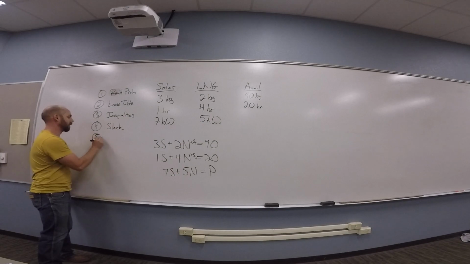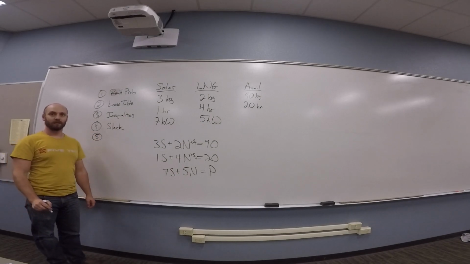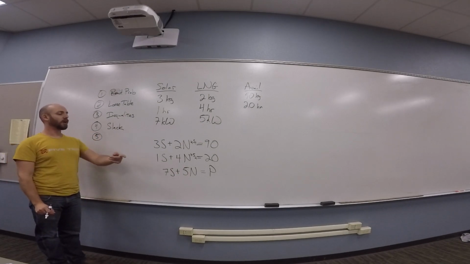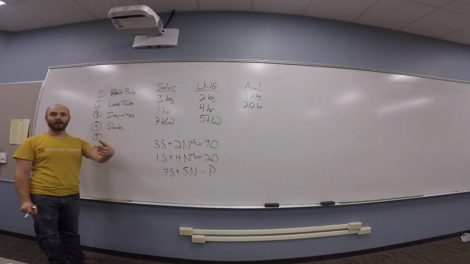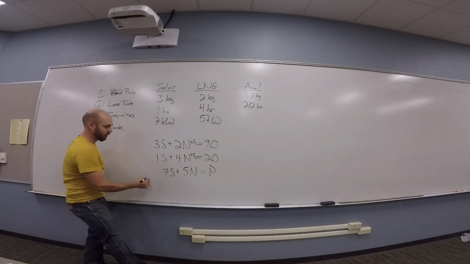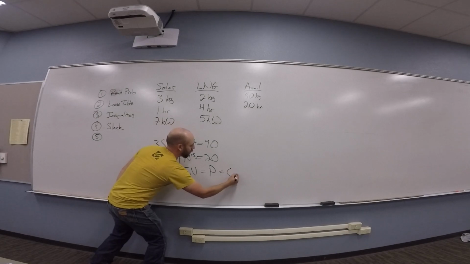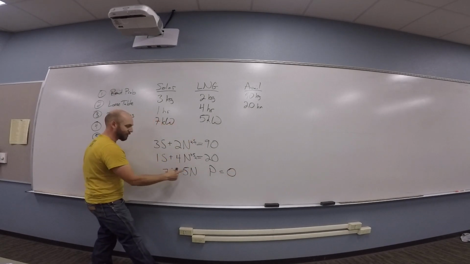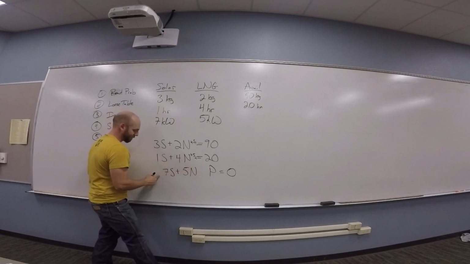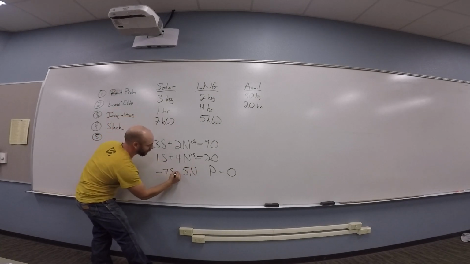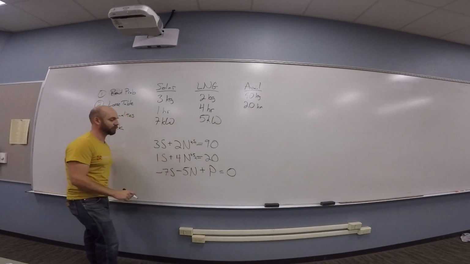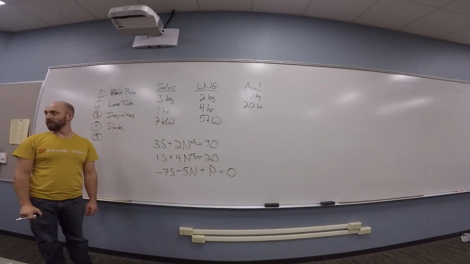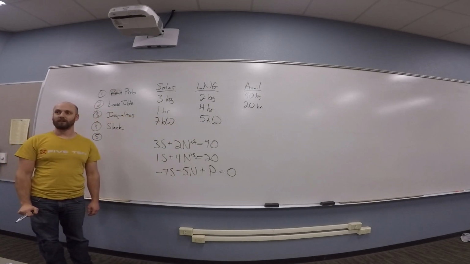Step 5, I would fix the profit. You need to fix the profit thing, right? So you subtract the P, set it equal to 0, and then the other things need to be negative. So you do negative here, plus P equals 0. All good with that?